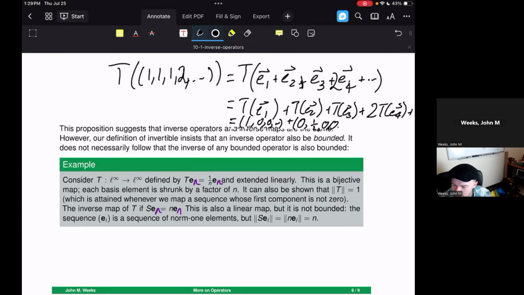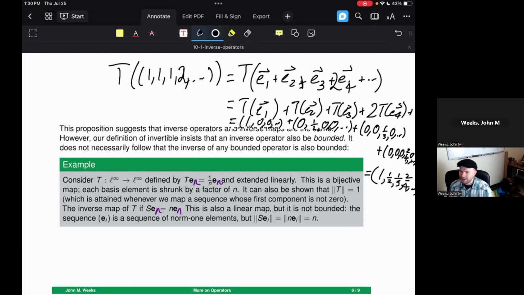So that's going to be 0, 1/2, 0, 0 as this sequence. Then this next one is going to be 0, 0, 1/3, 0. And then plus 0, 0, 0, 2/4, because of the 2 there, 0. And then I can add up all of those sequences together to give me what this ends up being. So something like this for this sequence. So when I say extended linearly, I mean break it up to make T a linear transformation.